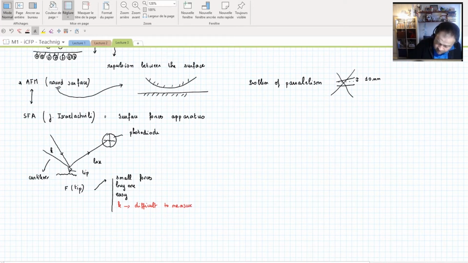And the other major difficulty is that you don't know where the zero is, which means that you are able to change the distance between the sample and the tip, but you don't know the absolute distance.